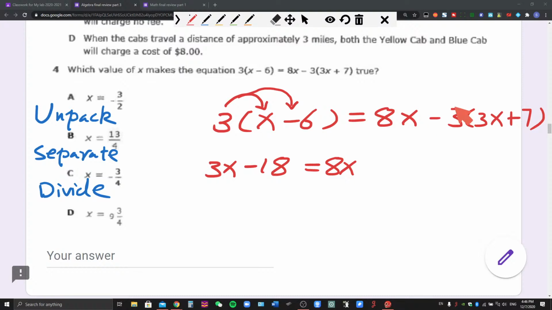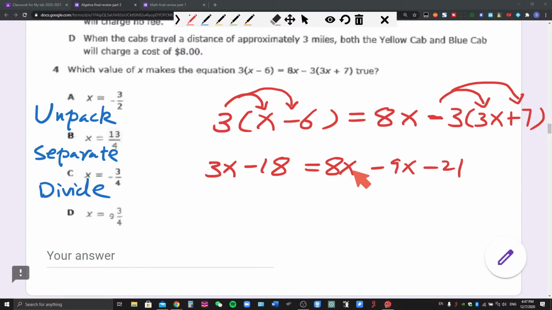Consider this as a -3, and that will multiply by each term inside. -3 times 3x is going to be a -9x. And -3 times 7 is going to be a -21. Be careful with this -3. You have to use -3 to multiply by each term inside the parentheses.